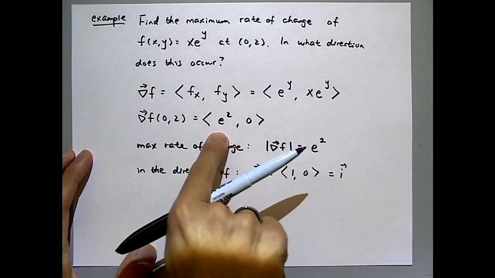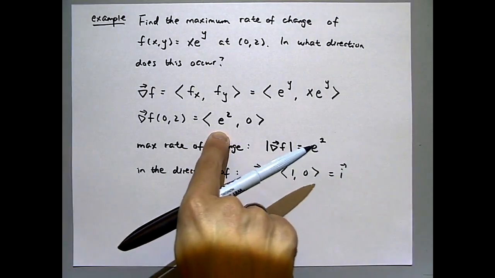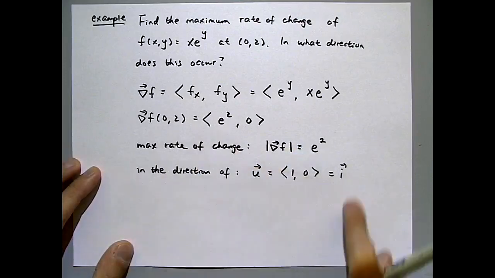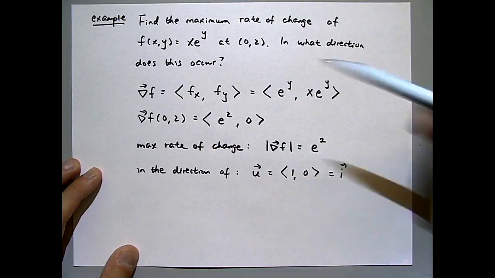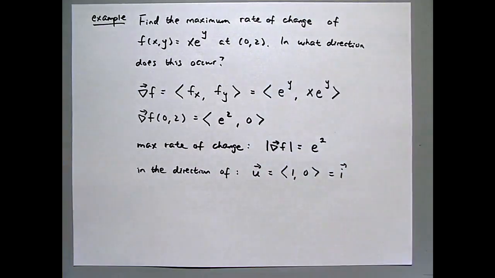This vector only has one component, only in the i component. So if you want to give a direction in the form of a unit vector, then of course that's the i direction. Questions? Nope? Okay.